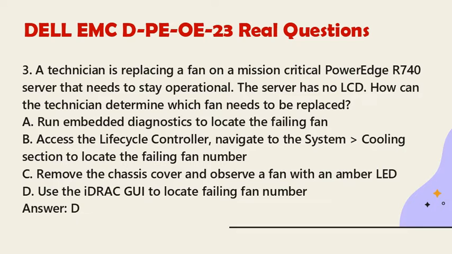B. Access the Lifecycle Controller. Navigate to the system cooling section to locate the failing fan number. C. Remove the chassis cover and observe a fan with an amber LED. D. Use the iDRAC GUI to locate the failing fan number. Answer: D.